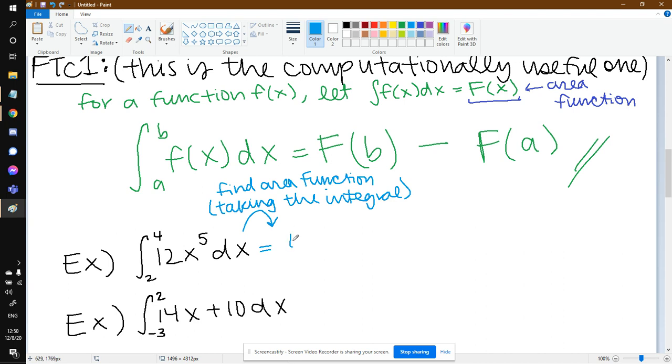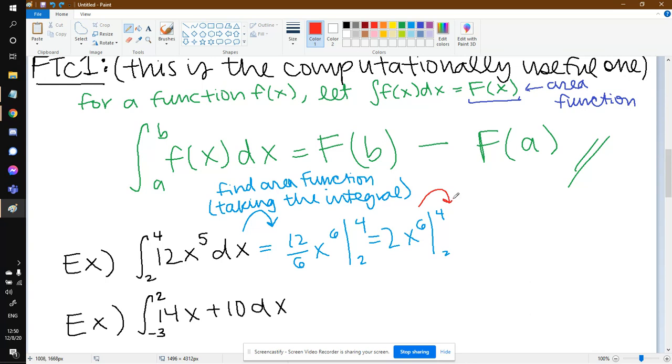And here that is 12 over 6x to the 6th, aka 2x to the 6th. Then we've got some notation going on. Over here, we want our bounds to be 4 and 2. Once we take the integral, we want to keep that information handy. So we're going to put this notation where we put the bar and 4 and 2 to back our problem, so we can remember what we're doing.